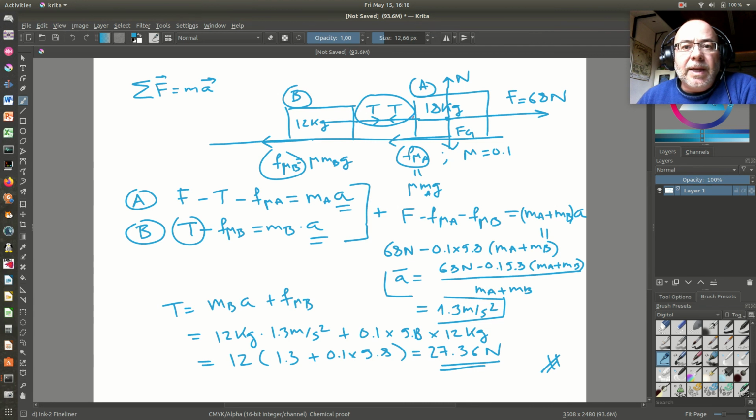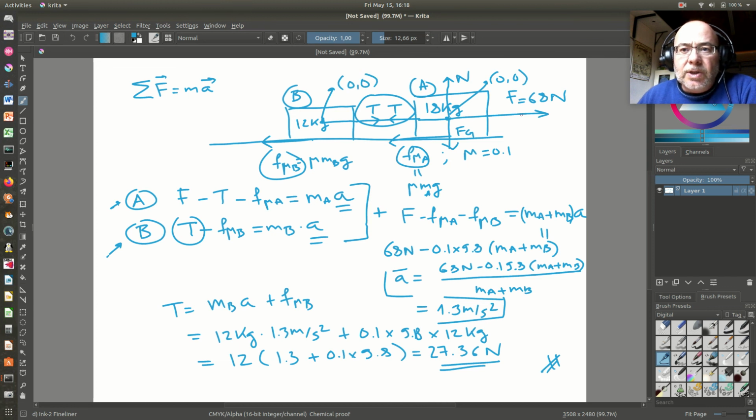Okay, this was the process that we need to follow, where first we go to the equations, the sum of the net forces acting on A gives us this equation here. Then the net forces acting on B give us this equation here, and we add all the forces to the right of our center reference frame. This is going to be our 0,0 here, and this point here is also going to be our 0,0.